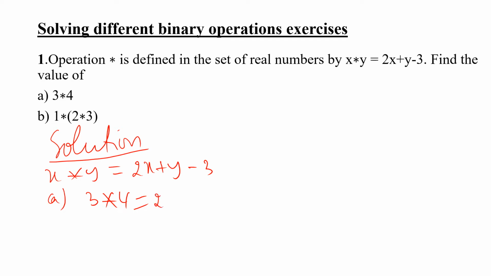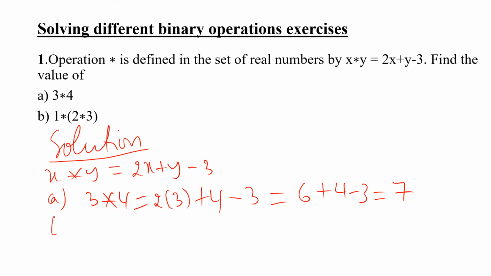Then it is 2 times 3 plus 4 minus 3 equals 6 plus 4 minus 3 equals 10 minus 3, which is 7.